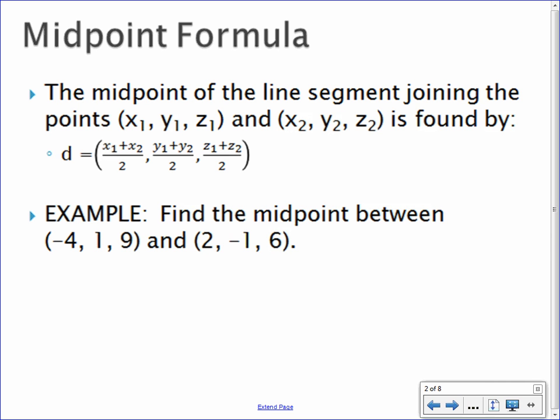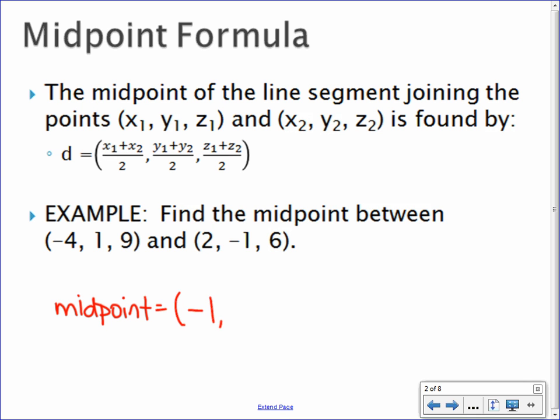So we are going to find the midpoint between -4, 1, 9 and 2, -1, 6. All right? What is the average of -4 and 2? -1.